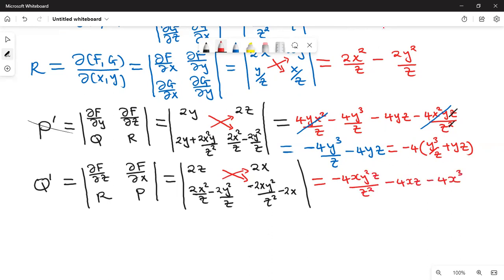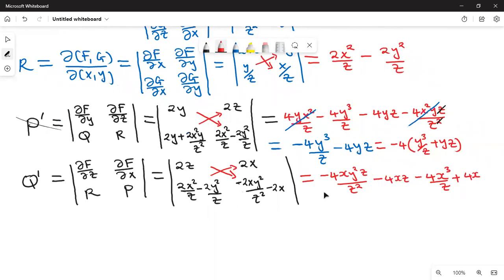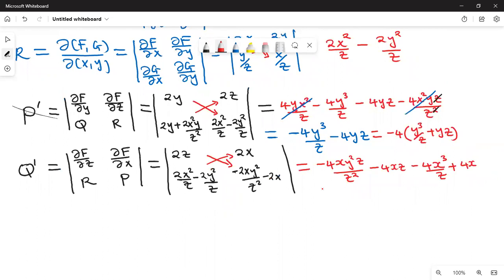cubed over z. A minus and a minus will be plus. So plus 4xy squared over z. Look at our first term.